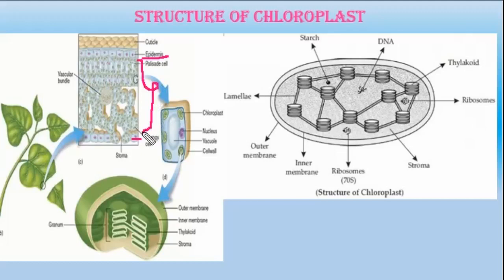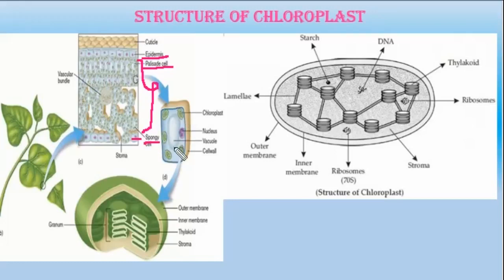It is known as mesophyll tissue. Here there are two types of mesophyll tissue: palisade parenchyma and spongy parenchyma. This is in case of dicot leaves. So the cells of mesophyll tissue consist of a number of chloroplasts.